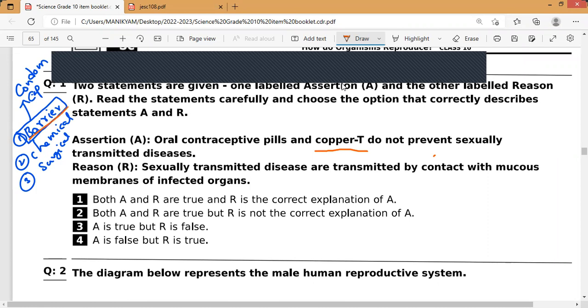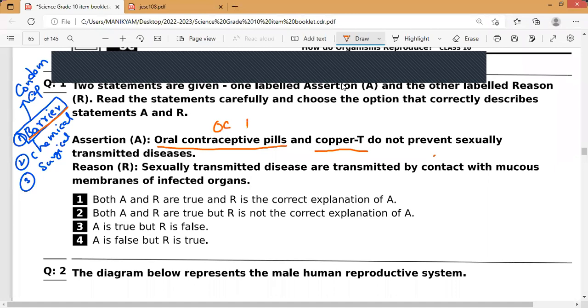All the remaining methods prevent pregnancy, so that conception does not occur, but they cannot prevent sexually transmitted diseases. Take oral contraceptive pills, also called OC pills. What is the popular contraceptive pill in our India?